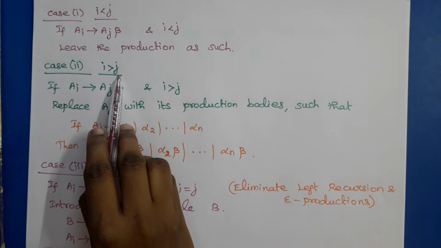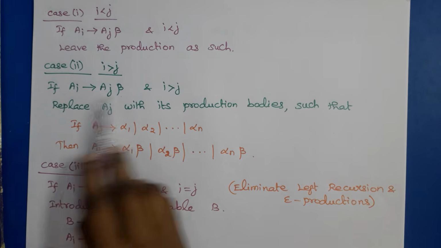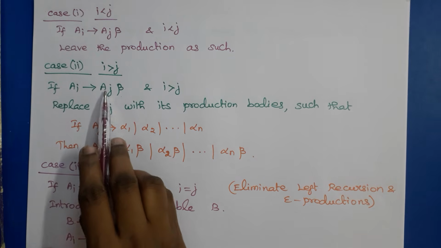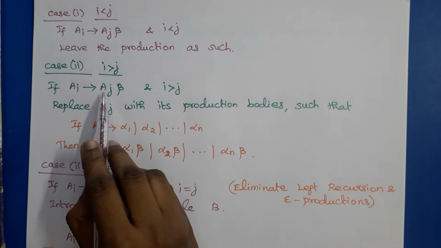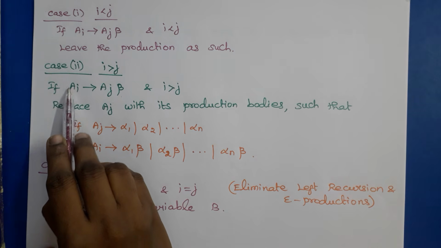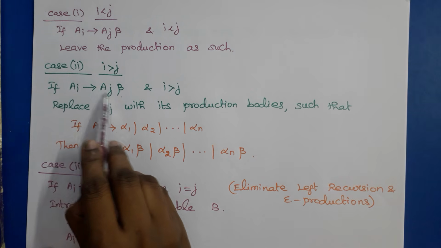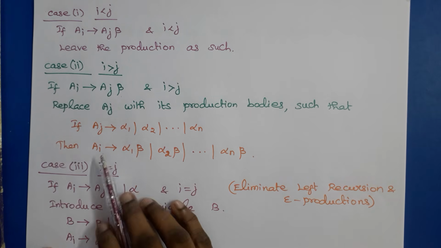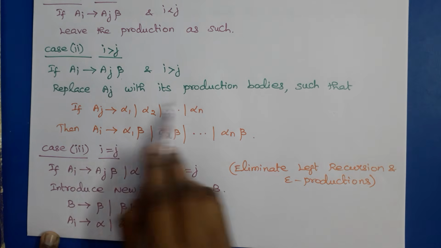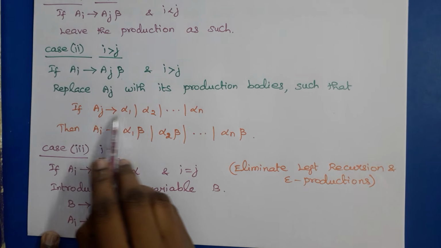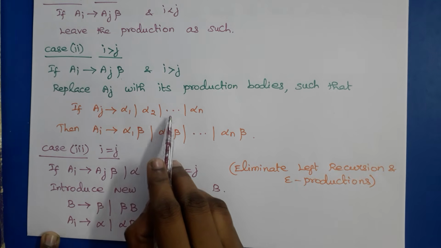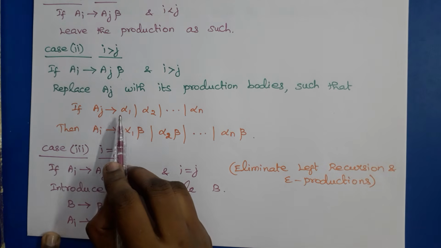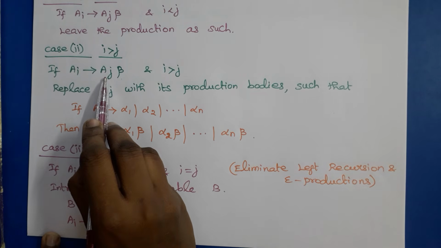Suppose if i is greater than j, that means if Ai tends to Aj beta and this i is greater than j, then we need to replace this Aj with its production bodies. For example, A3 on the left and A1 or A2 on the right, means we need to replace this symbol with its production bodies. So if Aj has n productions like this, Aj tends to alpha 1 bar alpha 2 up to alpha n, then we have to substitute all these productions in this Aj.